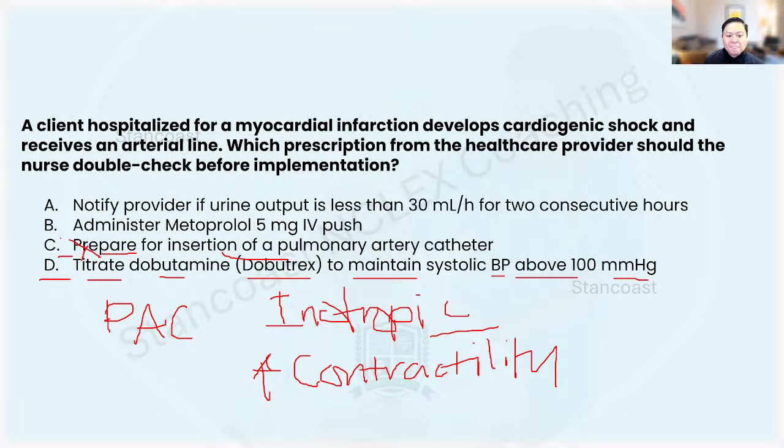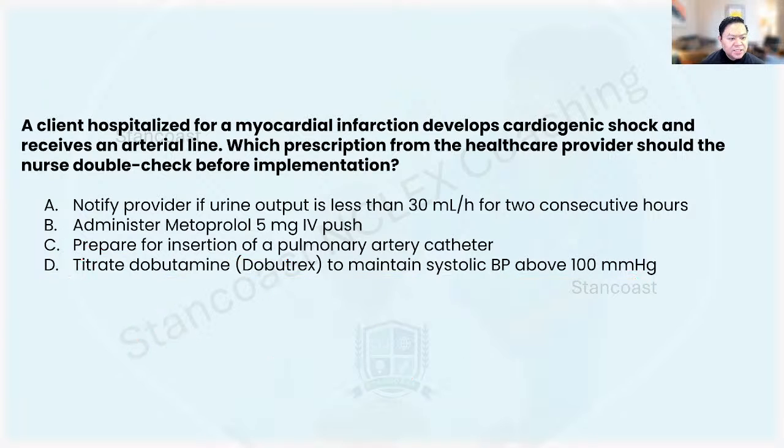Now, where are we at? Okay, I think that's pretty much it. So if I am going to just simplify the different interventions here, or not interventions, but medication orders, notify provider if urine output is less.